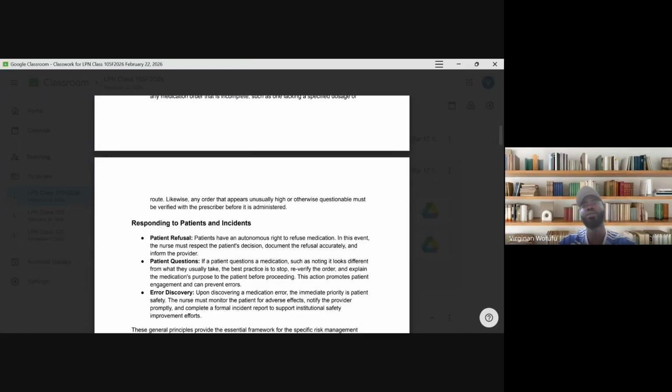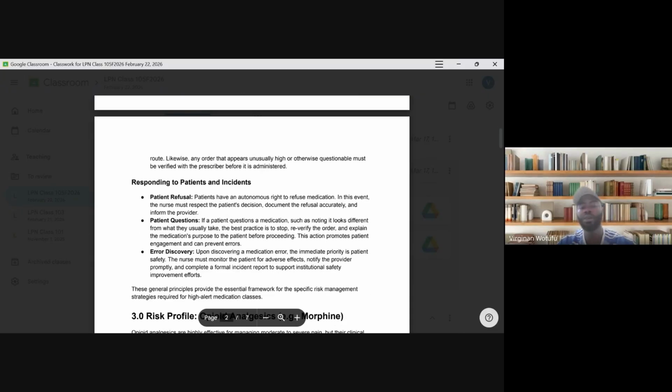And as well, in the case of discovering an error in medication administration, we had a look at it already. What do we do when we discover an error in medication administration? Guys, what is the course of action when you discover a medication error?